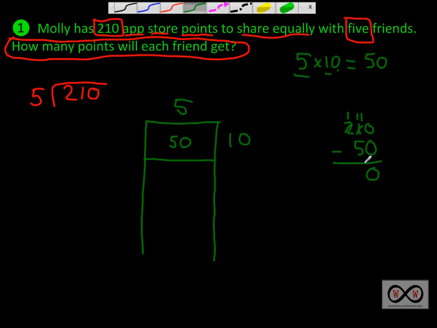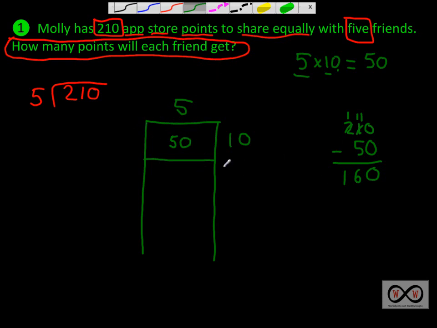So 11 take away 5 would equal 6. You're probably thinking that, good for you. And then 1 take away 0 would be 1.